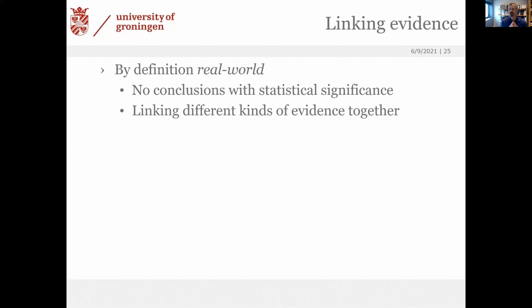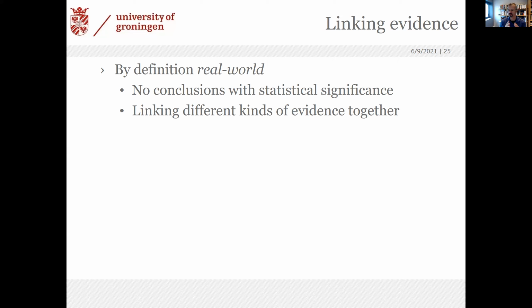Now, another important aspect of case studies is that they are able, or at least they should be able, to link evidence. Remember that with case studies, we are studying phenomena in vivo, in real life. This means that usually we cannot derive conclusions with statistical significance.